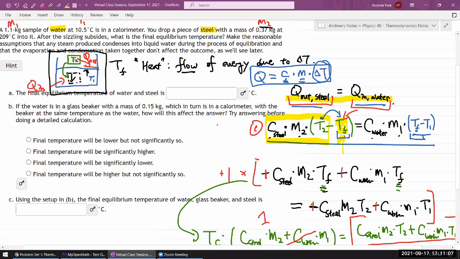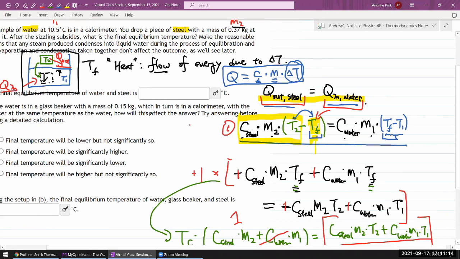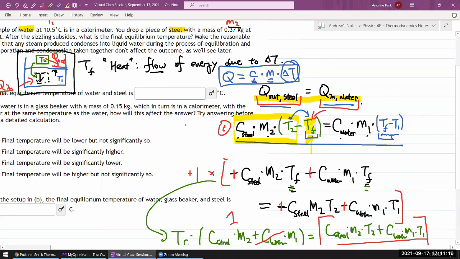And if you account for the glass beaker, which starts at the same temperature as water, then additional heat has to flow into the glass beaker. So there's a plus Q in beaker, which would add this additional term here, plus C glass times mass of glass times T final minus T1.